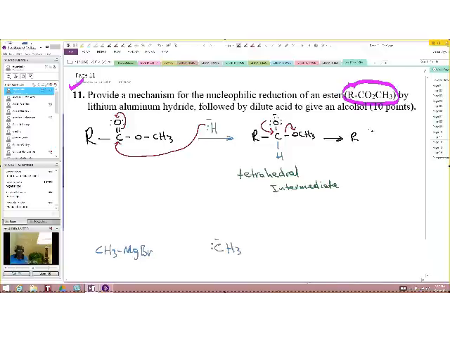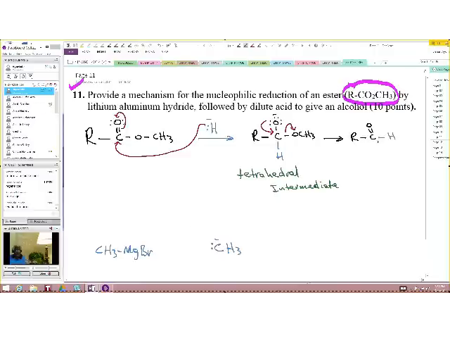Using a blue pen, we have an aldehyde as your intermediate. Now, supposing I ask you to give me the mechanism of a Grignard reaction with this ester. At this point, right here, what class of compound do you think we will get? Think about it.